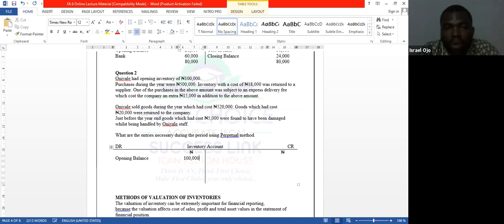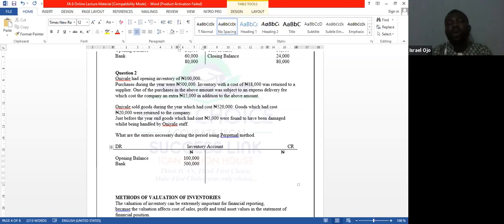Purchases during the year were 500,000. So the entry for that purchase is that we are going to debit the inventory account, then credit our bank or payables account. So we come down here and put bank, 500,000.